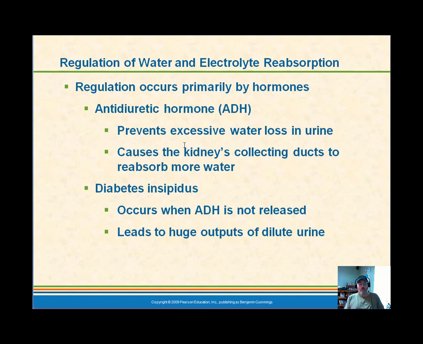Diabetes, by the way, just means excessive water output. It doesn't necessarily mean that you have sugar in your urine. So diabetes insipidus occurs when there isn't enough antidiuretic hormone to cause you to retain fluids, and this can lead to huge outputs of dilute urine.